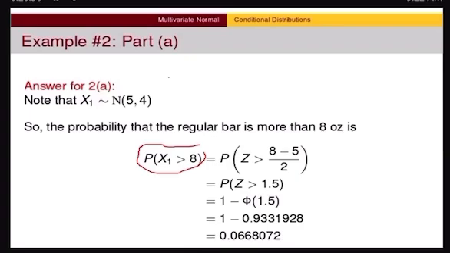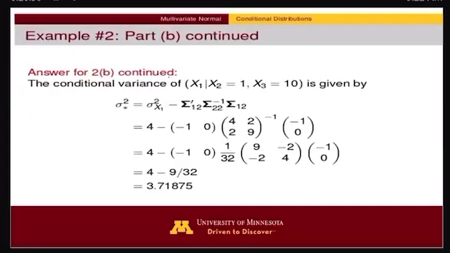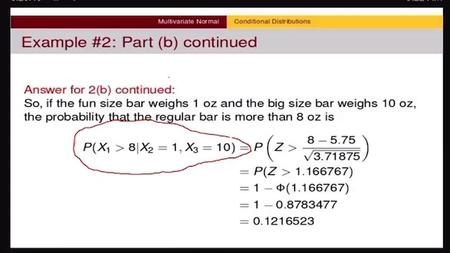But right now, if you take a look at what I'm doing here, I still want to find the probability that x1 is going to be greater than 8, but now I'm conditioning on the information that I have about the weight of the other ones. And if I want to do that, the only difference is what I'm going to plug in here and what I'm going to plug in here.